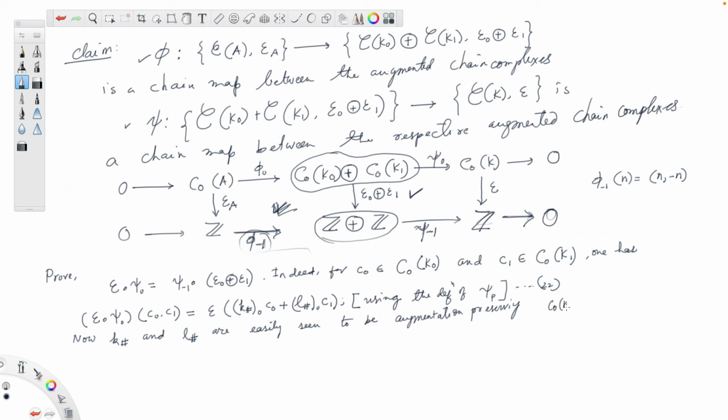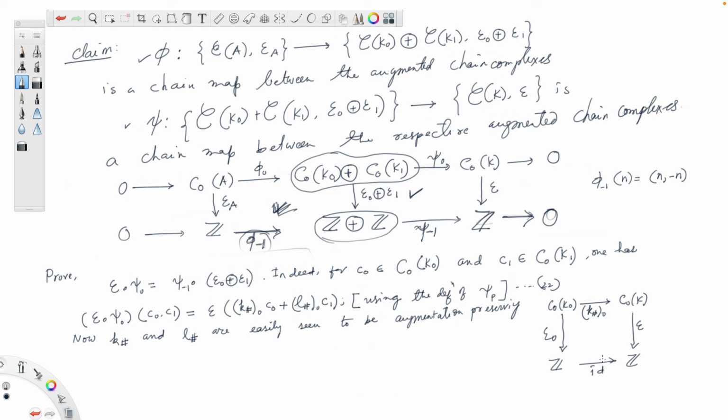C0 of K0 is taken to C0 of K via this map K hash at 0, and there are these augmentation maps epsilon 0 and epsilon. This is Z, this is Z, and this is the identity map ID.